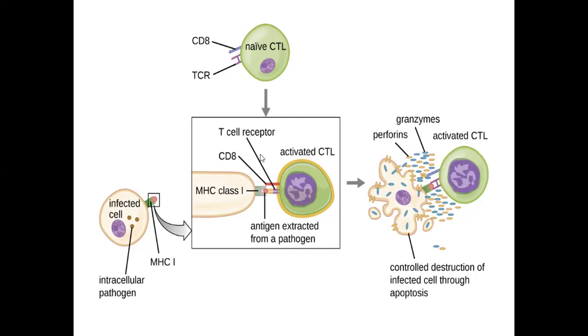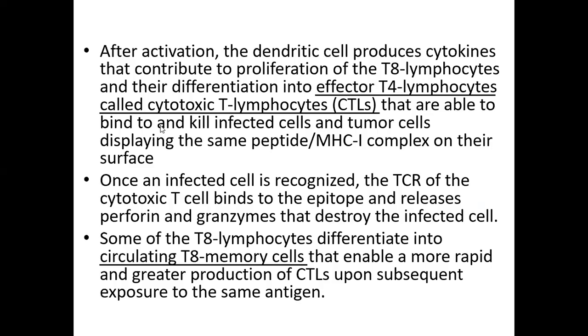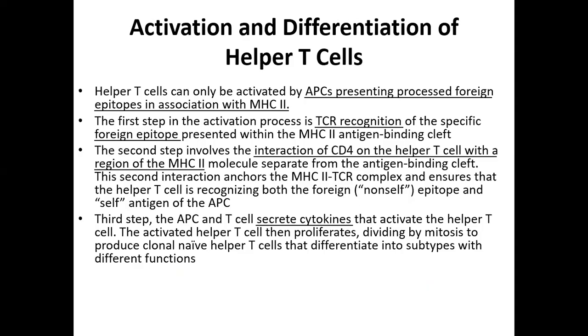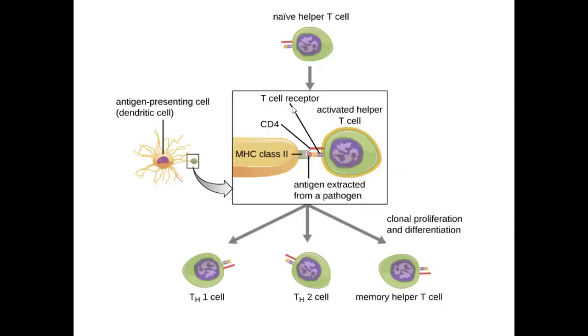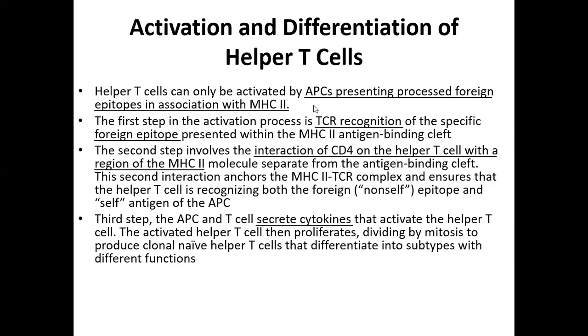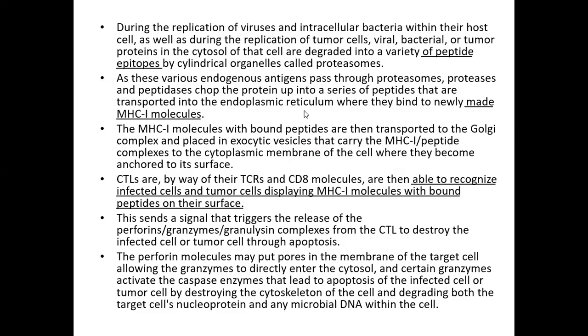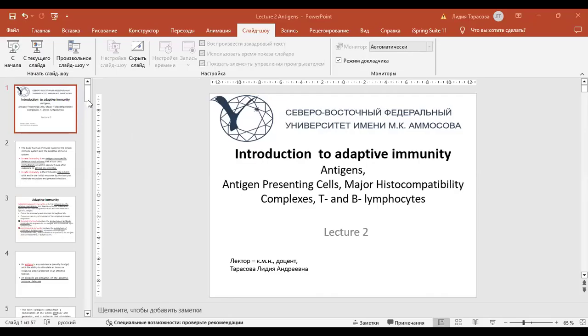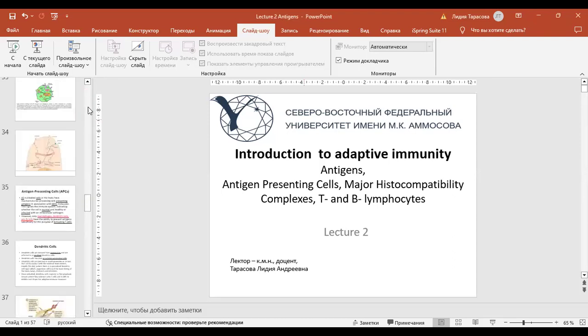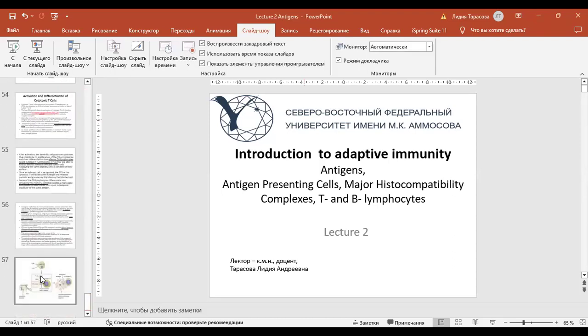So the antigen presenting cell activates T helper, then T helper, like I showed here previously. After initiation of this process, T helper proliferate to T helper 1, and T helper 1 send a signal to the CTL cell.